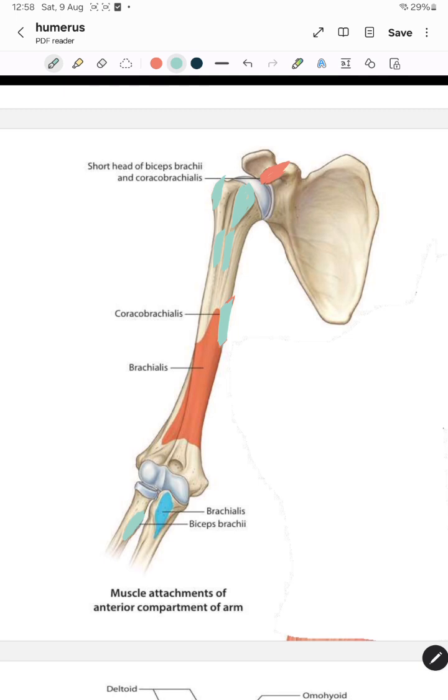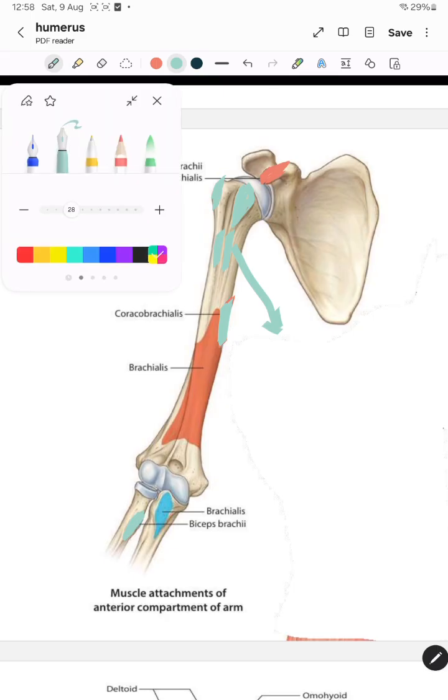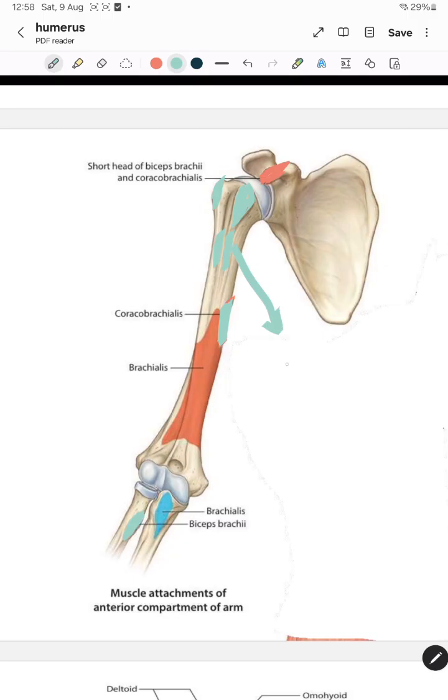So what will be the attachments? On the medial lip we have teres major, and on the lateral lip we have pectoralis major.